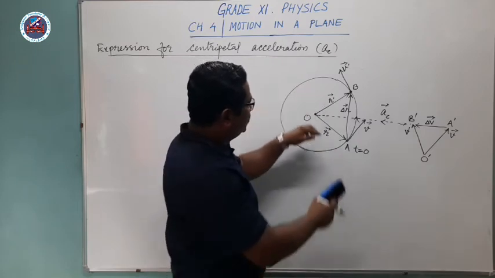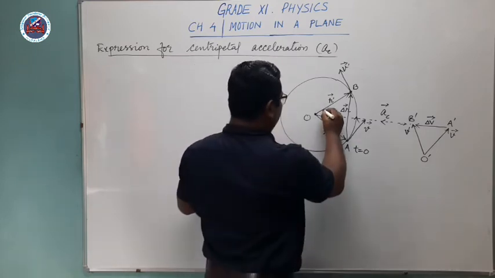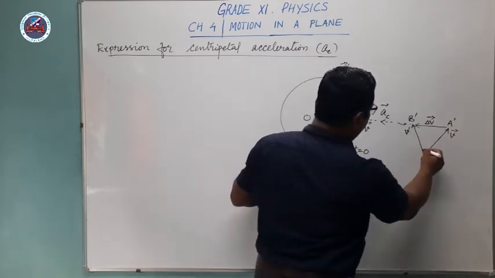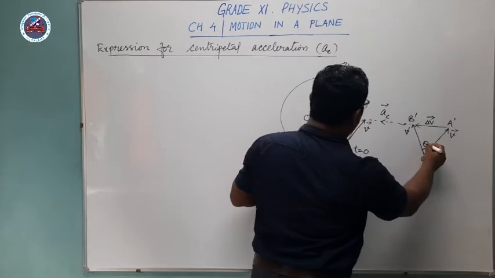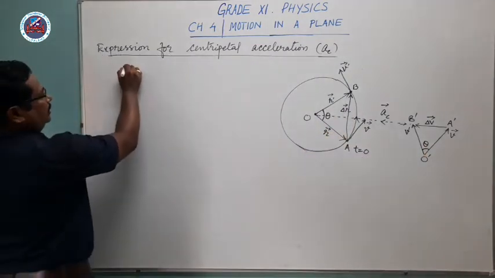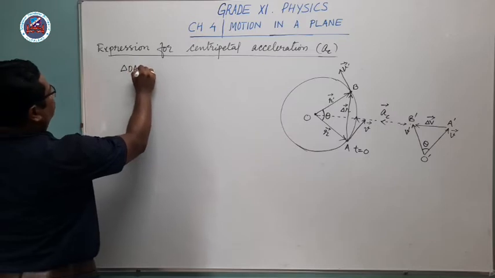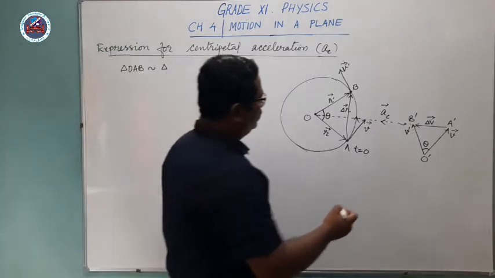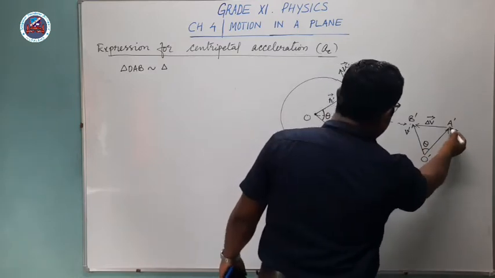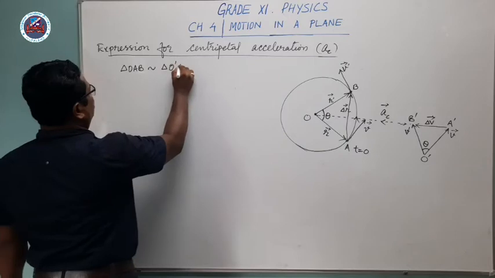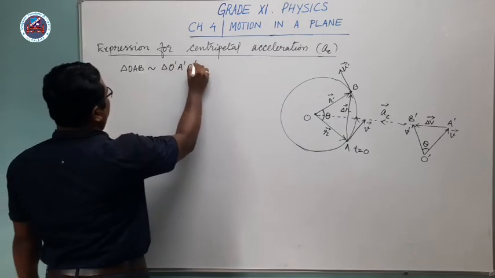If I take the angle between the two position vectors as theta, then here also the angle between the two velocity vectors will be theta. So triangle OAB is similar to triangle O dash A dash B dash.